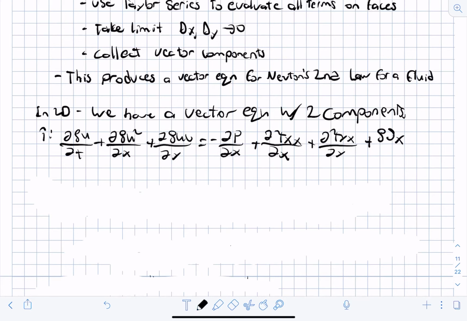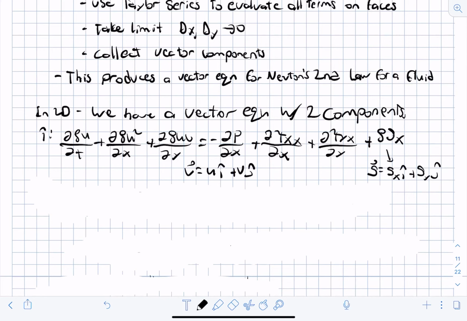And recall that here we're defining the gravity vector as equal to gx i hat plus gy j hat. And recall that v equals u i hat plus v j hat.